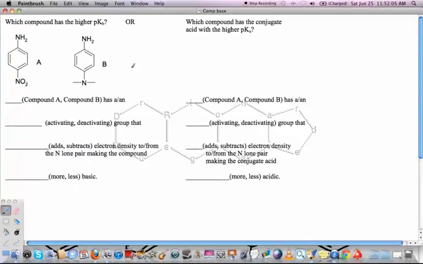Alright, let's look at examples that relate to this compound here. Now we're looking at basicity, and if we're talking about basicity, then we're looking at the ability for these compounds to take on H+. So I will show those two examples and how they take on H+.